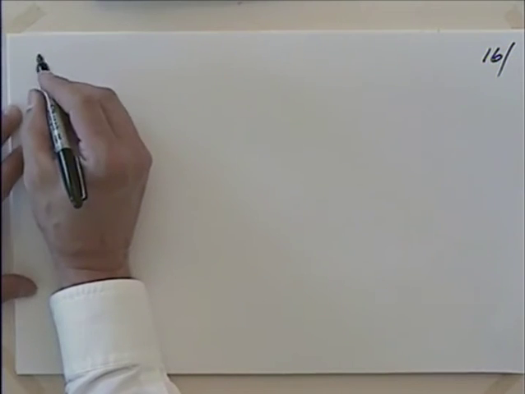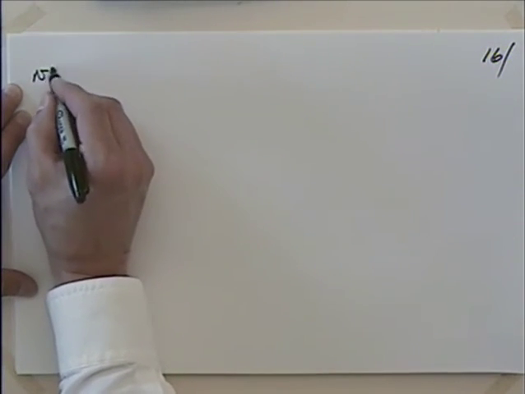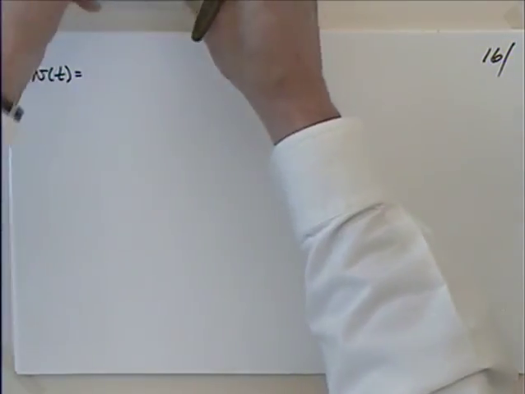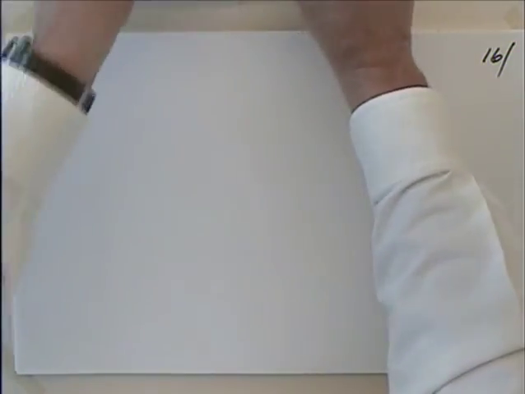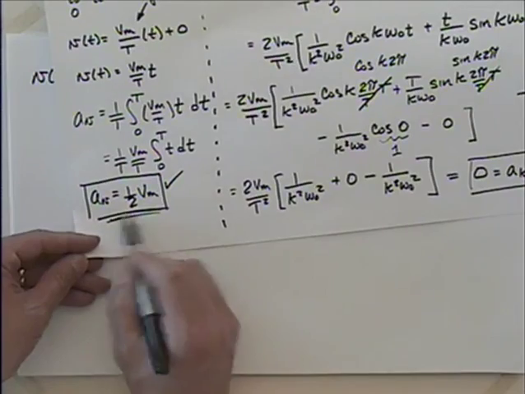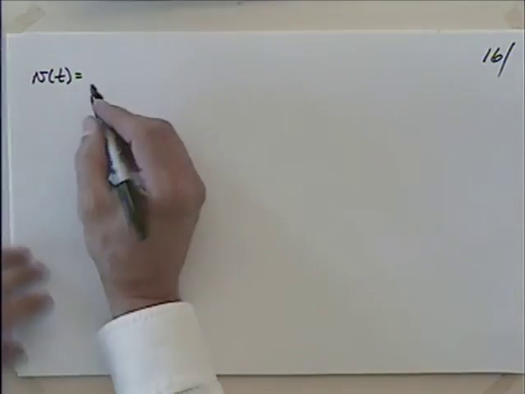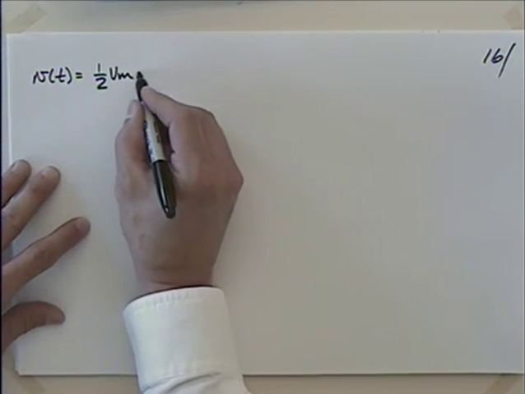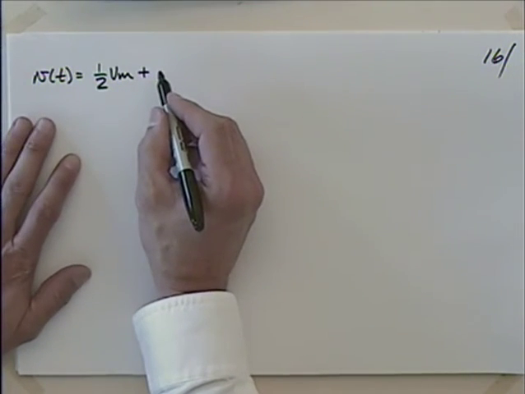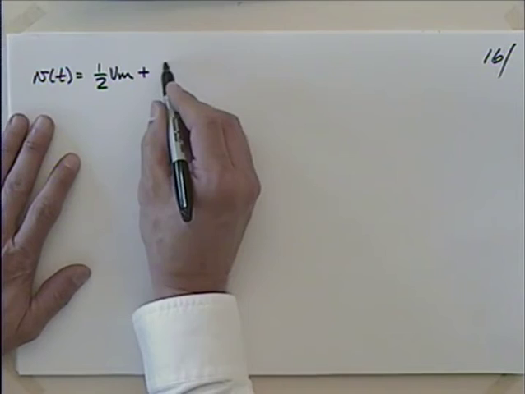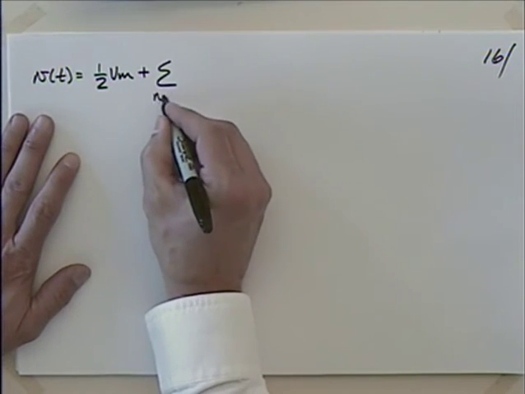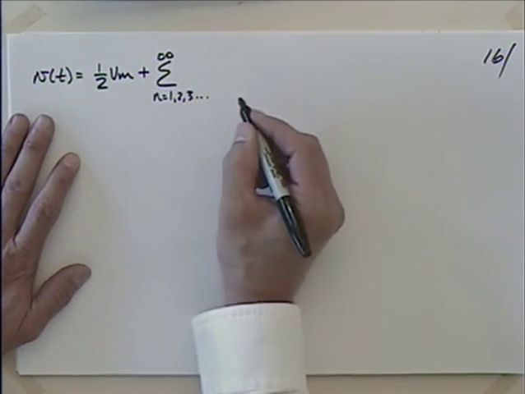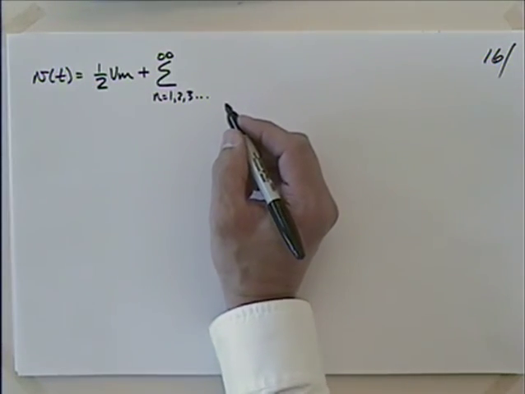So we could say then that v of t is equal to the average value. What was our average value? 1/2 Vm, thank you. So 1/2 Vm, and then I add that to the sum, n equals 1, 2, 3, and so on up to infinity of a sub n.